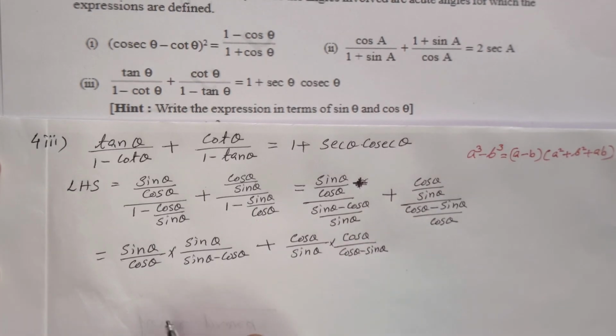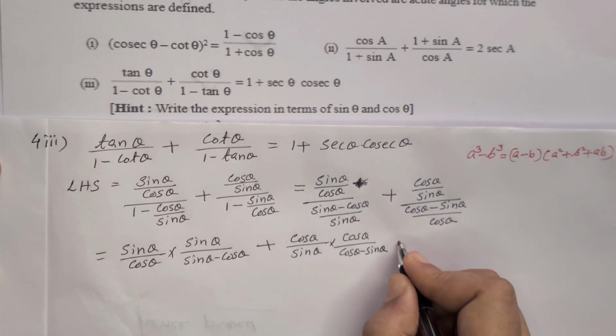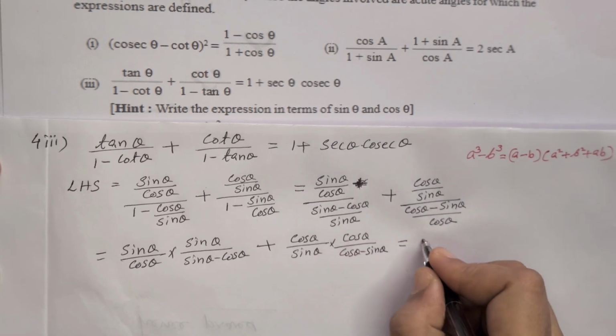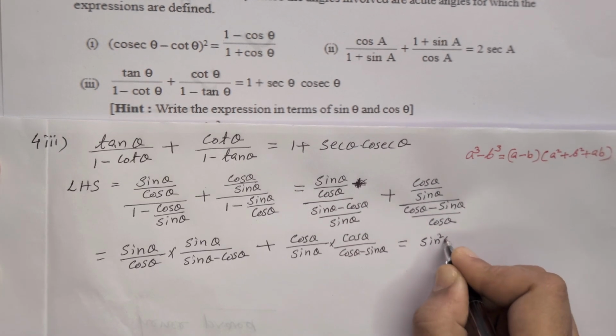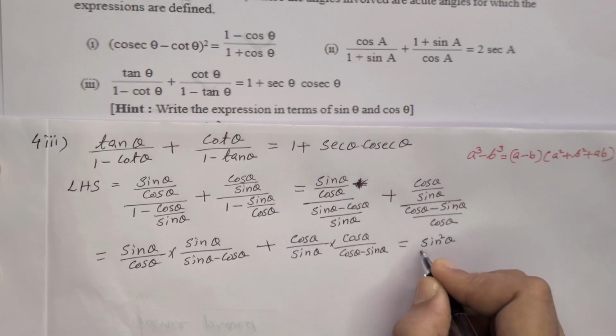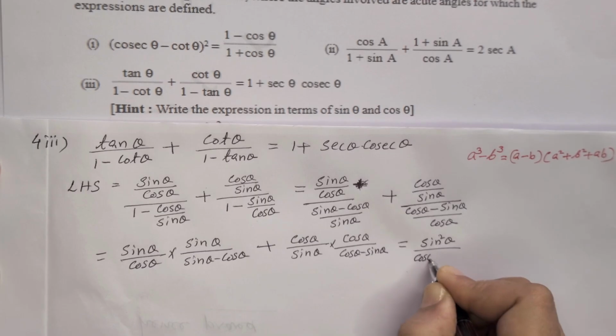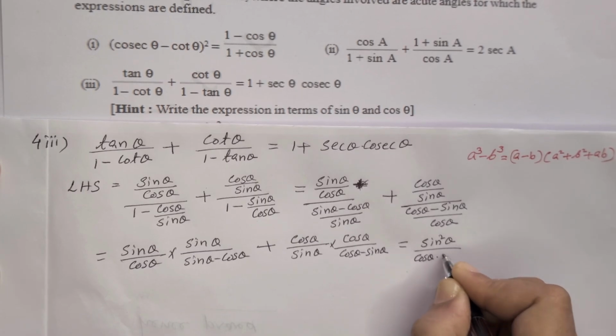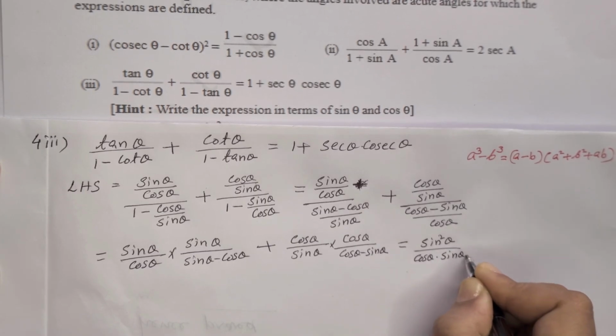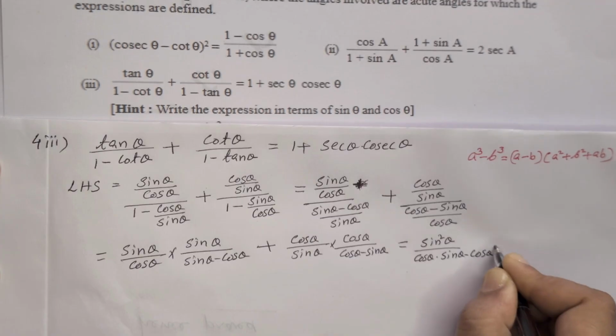Now from here we can rewrite that as sin²θ in the numerator, and in the denominator cos θ into (sin θ − cos θ) in the first term.